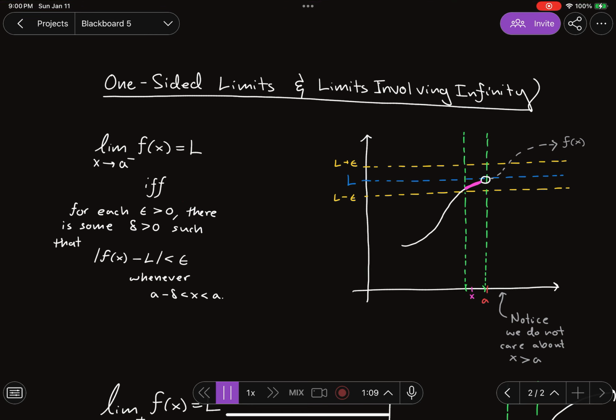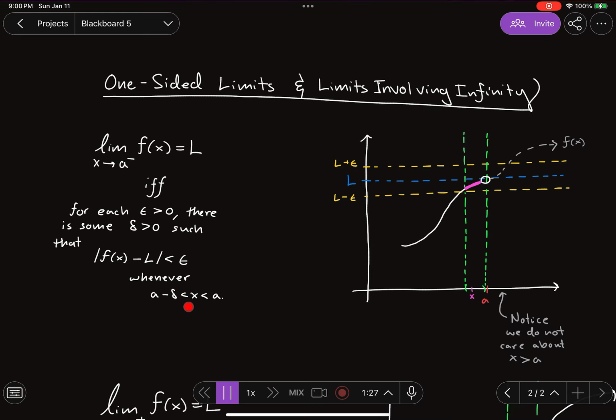If and only if, for each epsilon bigger than 0, there is some delta bigger than 0 such that the absolute value of f of x minus L, the distance between f and L, is less than epsilon whenever a minus delta is less than x is less than a.